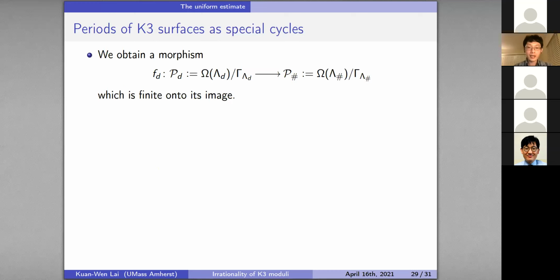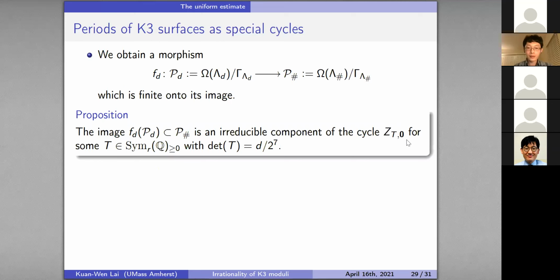Okay, so this map is going to be finite onto its image. Here's a proposition. We are able to realize these images of the period spaces: they are all components of the Kudla special cycle Z(T, 0) for some T, and here the determinant of T will be D over 2 to the 7.